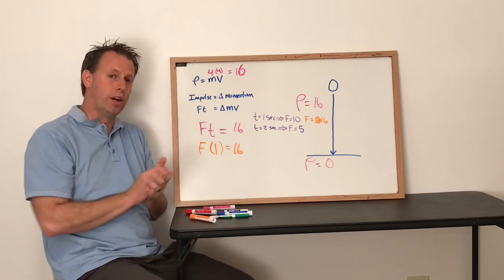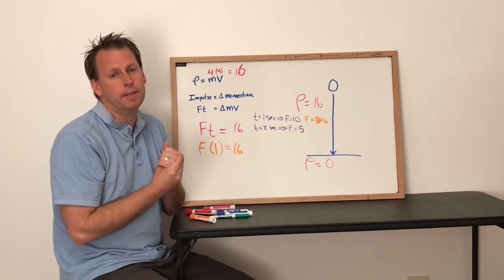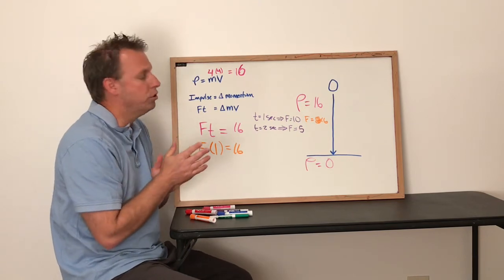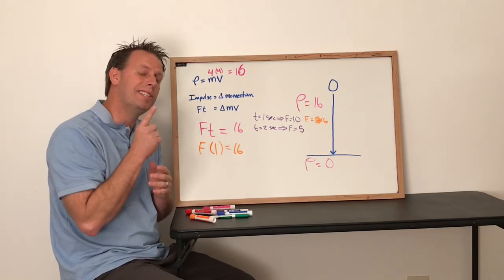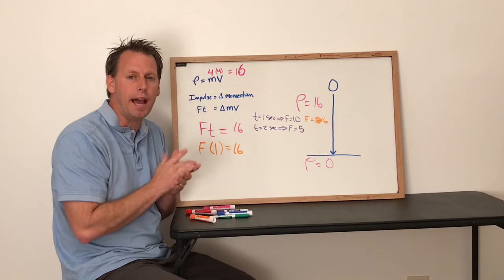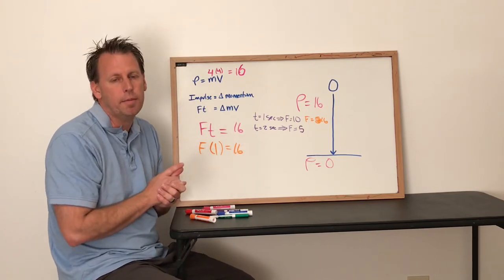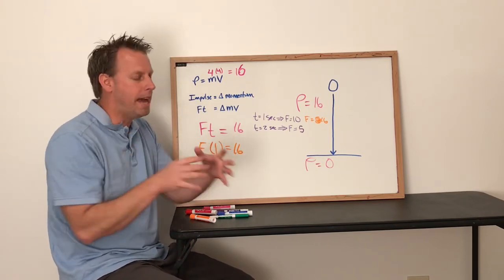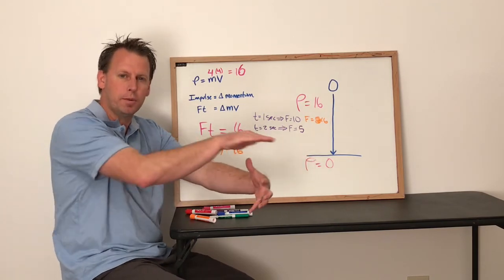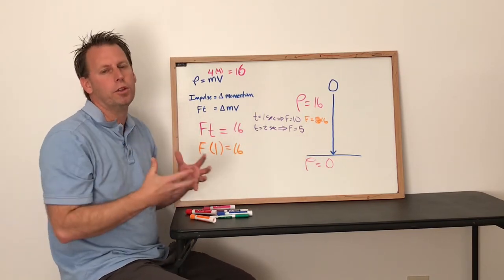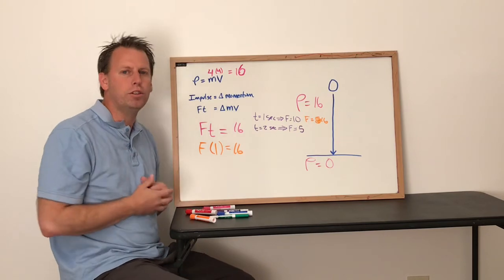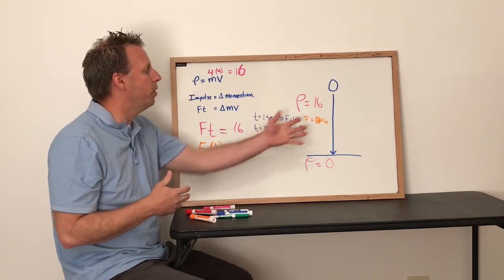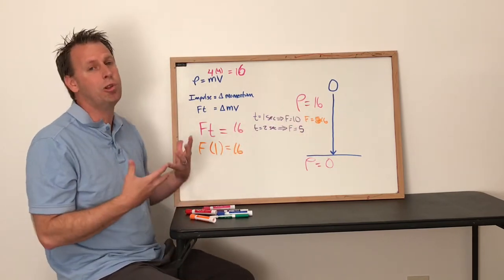So what have we learned then? To help your egg survive this fall, we want to do a few things. We need to extend the time of the impact. We do that by cushioning, building in crumple zones. All of that spreads out the force, keeps it below the critical level so the egg doesn't break. The other thing you want to do is try to keep the amount of the momentum that it has to begin with as low as possible.